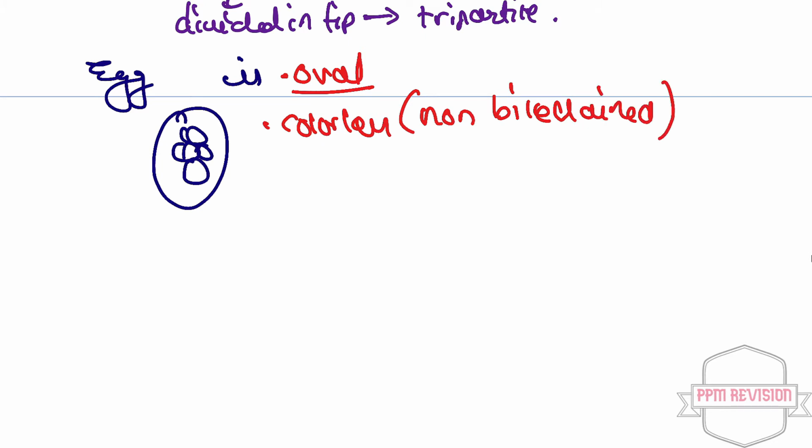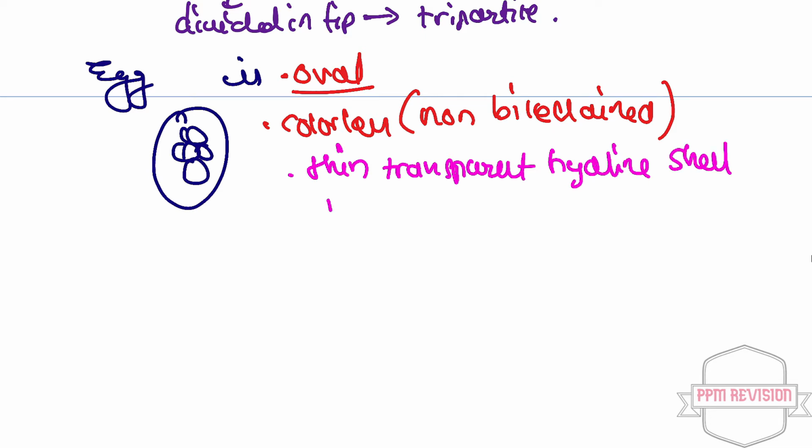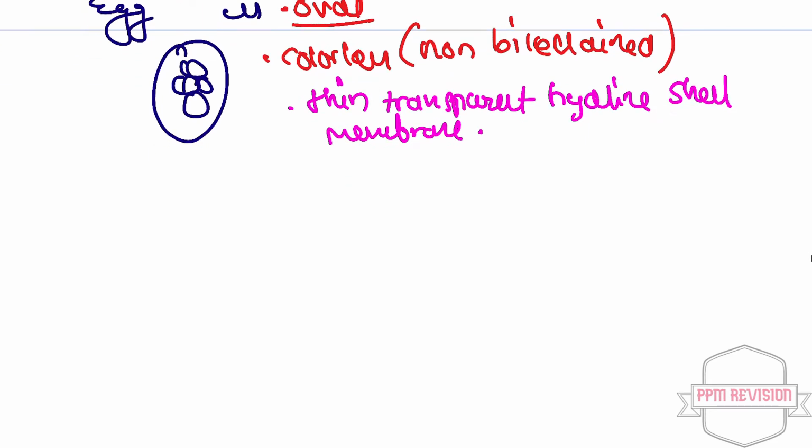It has a thin, transparent, hyaline shell membrane, and a segmented ovum containing 4 blastomeres.